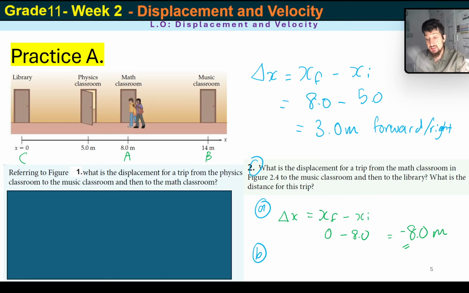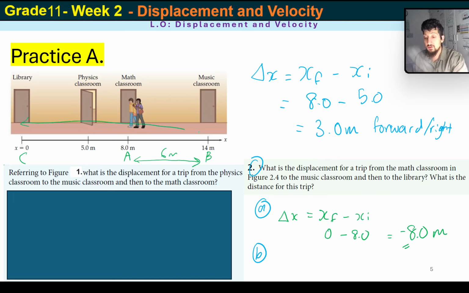The next one's asking for the distance. Now, distance is the total length of the journey. It's different to displacement. Displacement is final minus initial. Distance is the total length of the journey. So in this case, we started at A, went to B, and then C. So A to B, this length here is 6 meters. And then C to B is 14 meters, right?